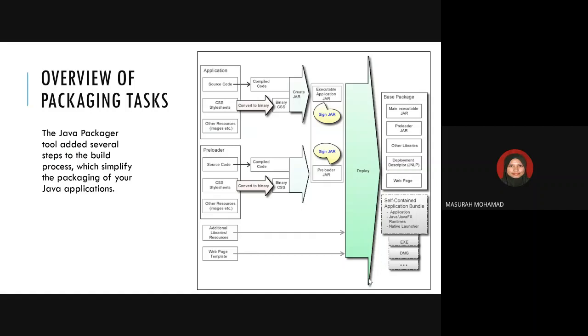Same as the preloader, the additional resources, the web page template, and so on will also be packed into one package. Then after that, this package will be deployed into a self-contained application which can be executed by the user, either in an exe or DMG format, or can be embedded in a web page or many more.